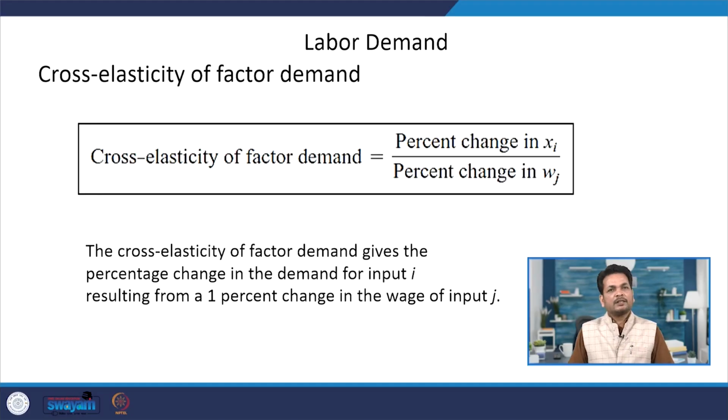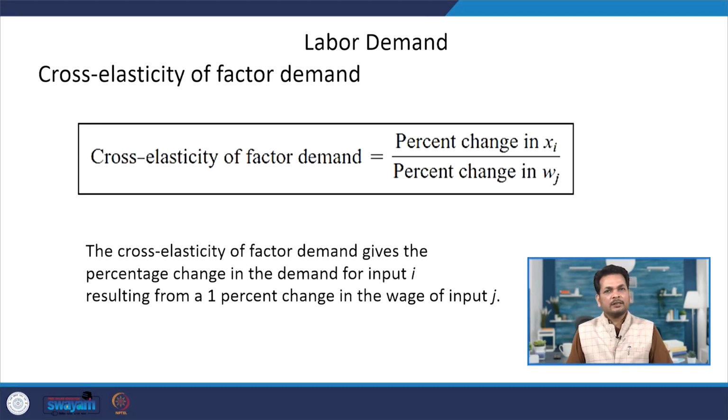Now, the measure of how the demand for one input responds to the price of other inputs is called the cross elasticity of factor demand. So, to measure the sensitivity of the demand for a particular input to the price of other inputs, we call it the cross elasticity of factor demand.